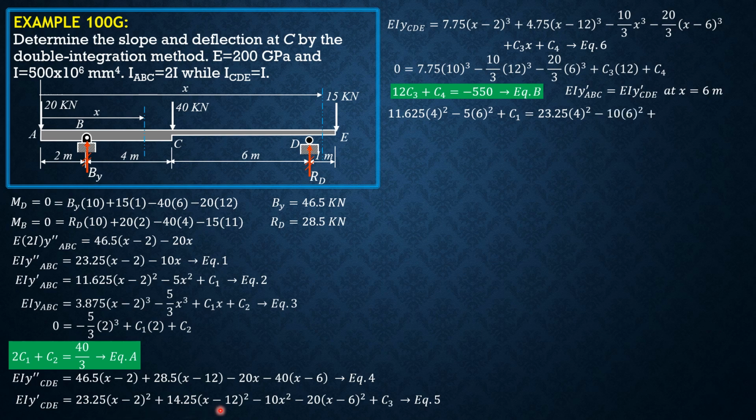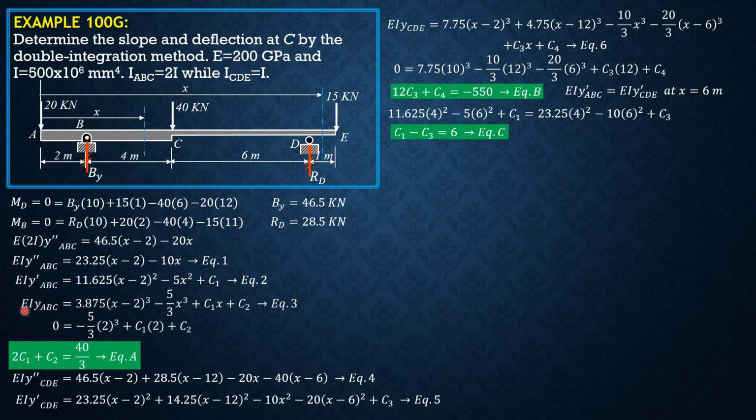This is ignored, negative, so minus 10 6 square, 0 plus c sub 3. So c sub 3 minus c sub 1 equals, using the calculator, 23.25 4 square minus 10 6 square plus 5 6 square minus 11.625 4 square, that is 6. Call that equation C.